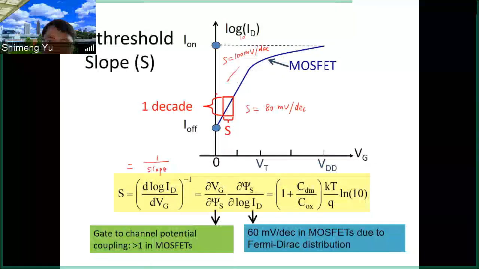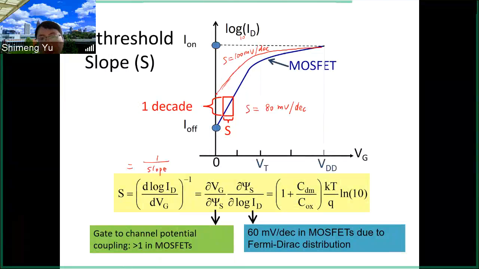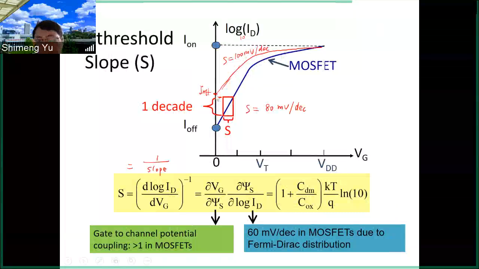So this is less steep, even though you still have the same on current, but the slope is less. That means the S factor is larger, because S factor is 1 over the slope. You see the off current is much larger, because remember this is in log scale, so any shift means exponential shift.